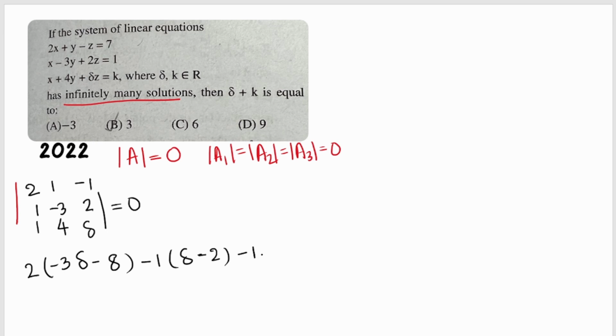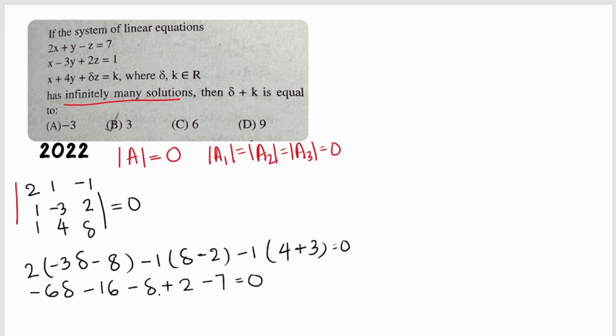Then you have minus 1 into 4, minus of minus 3 is plus 3 equals 0. We will get minus 6 dou minus 16, then you have minus 2 plus 2, then you have minus 7 equals 0.